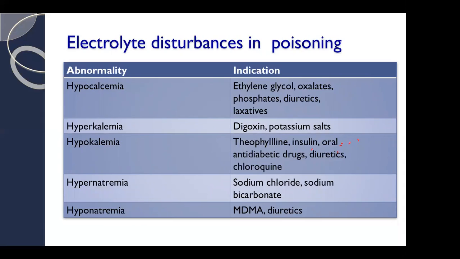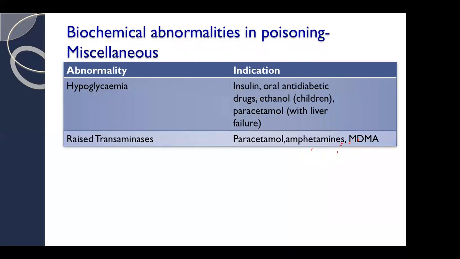Electrolyte disturbances are pretty common in certain poisonings. Hypocalcemia is especially seen in ethylene glycol and oxalate poisoning, which binds calcium. And then, very importantly, hypoglycemia. We must not forget taking glucose levels in such cases, especially in children, because they are more prone to hypoglycemia.